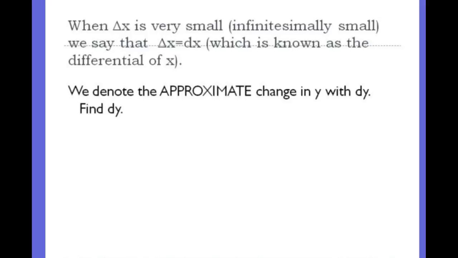So let's go back and talk about f prime of x. Didn't I just tell you that we changed our notation of f prime of x to dy dx? And that dy dx, by definition, a derivative is what?